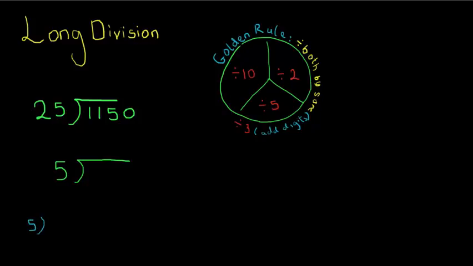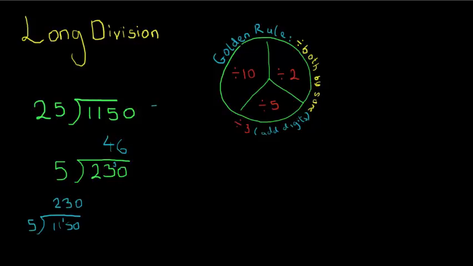5 into 1150, well 5 into 1 doesn't go. 5 into 11 is 2, remainder 1. 5 into 15 is 3, and 5 into 0 is 0. So the simplified fraction now reads 5 into 230, and we can now go ahead and do that question. 5 into 2 doesn't go. 5 into 23 is 4, remainder 3, and 5 into 30 is 6.